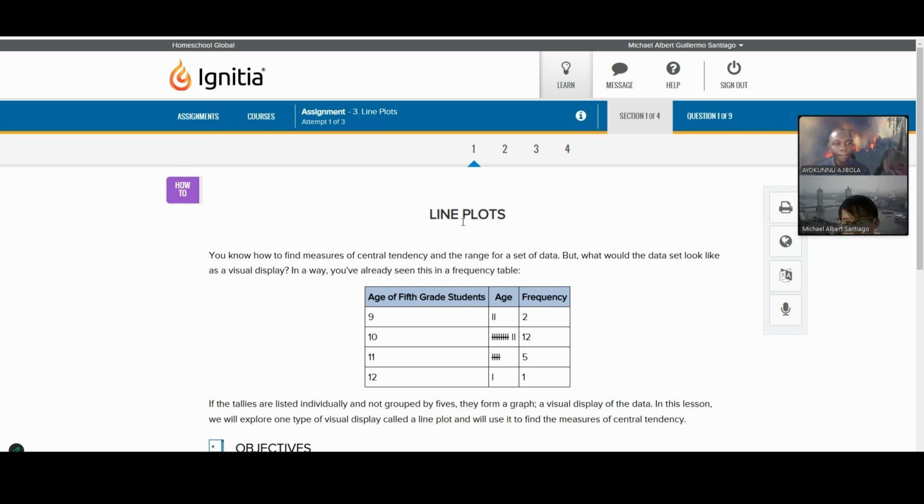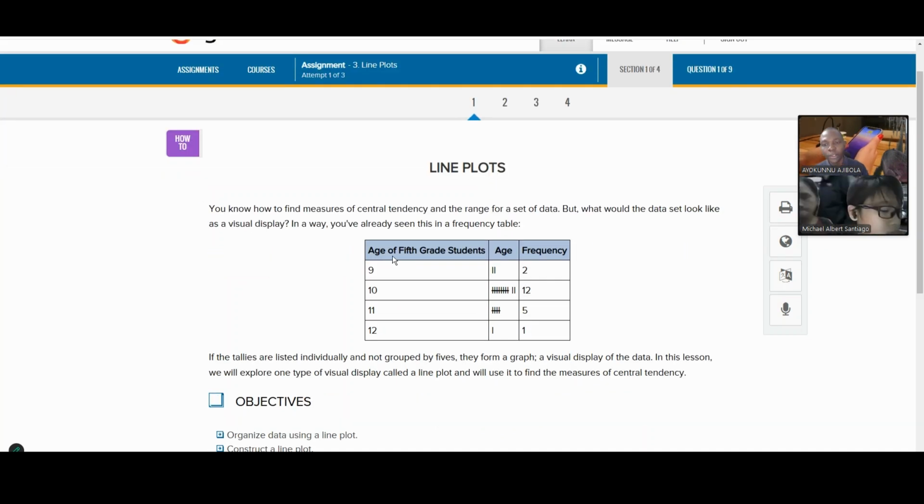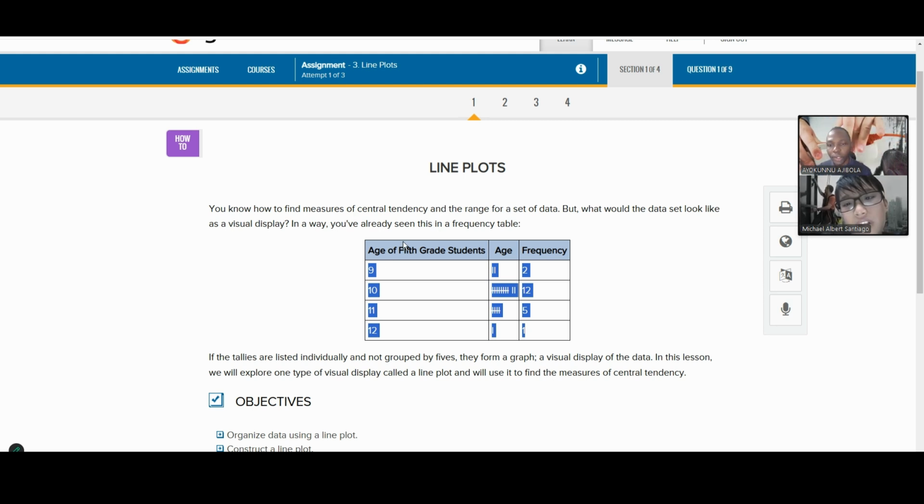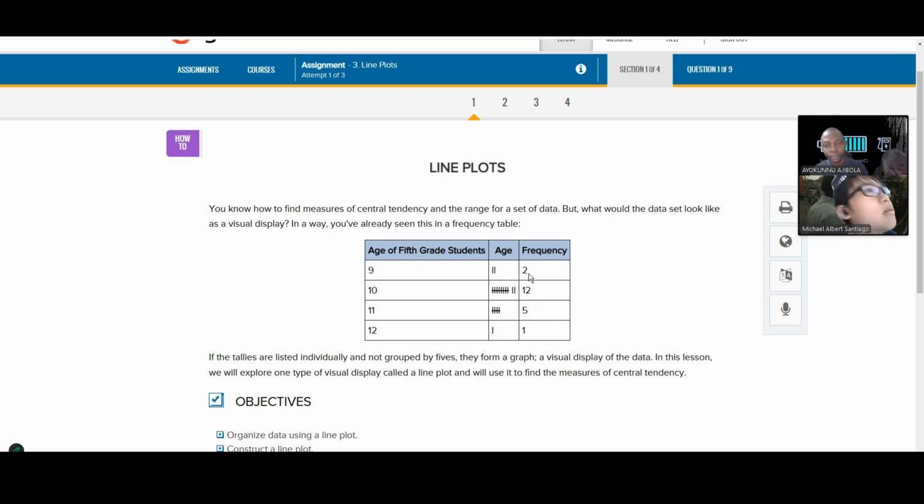Can you hear me? Yes. Okay. So we've been talking about how to find the range, the mean, the median, and the mode. So now you already know that, and you've seen something like this table before that shows the data, the tally, and the frequency. Is that clear?